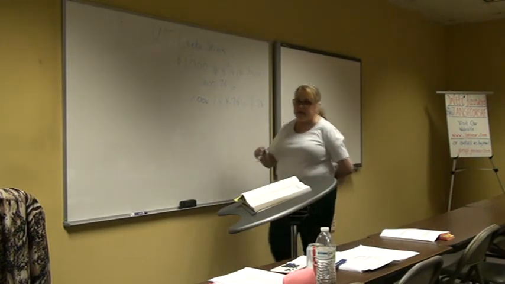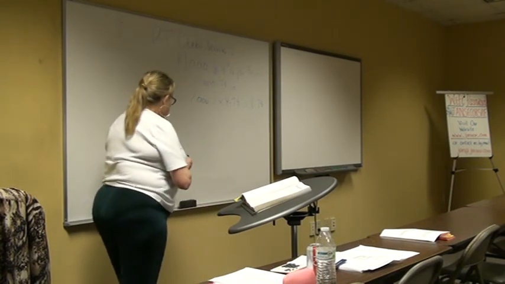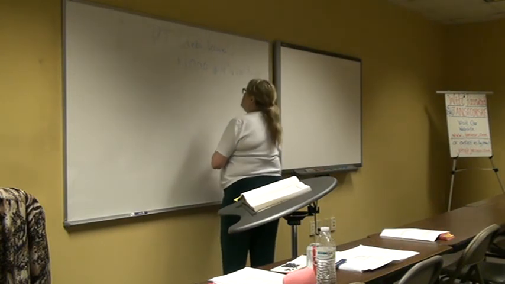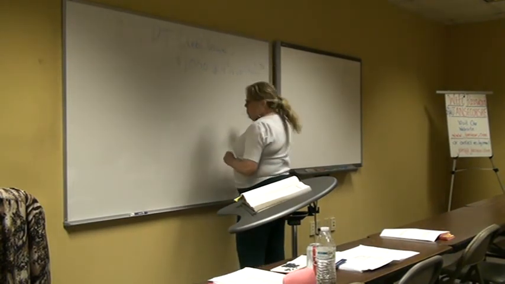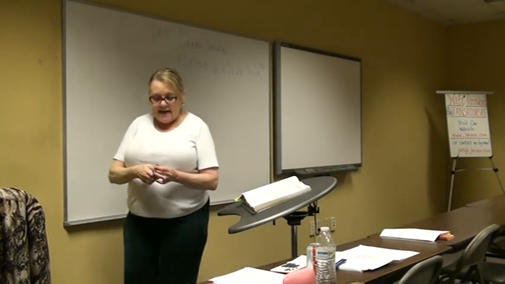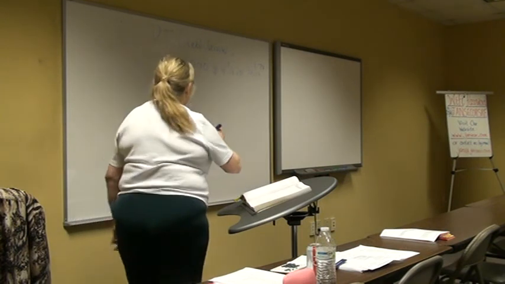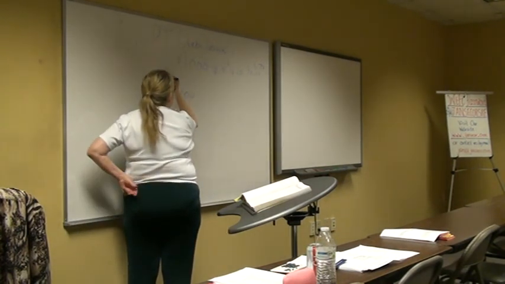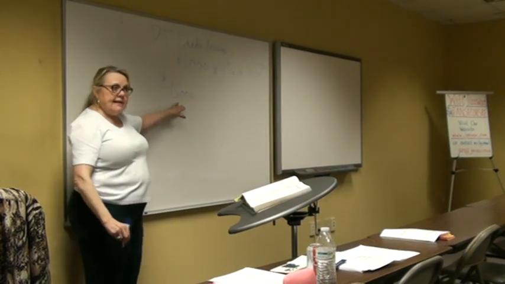So let's make it more realistic. What if we go to the bank and say, I want to borrow $95,000. So the first step is, how many thousands do you want the bank to lend you?